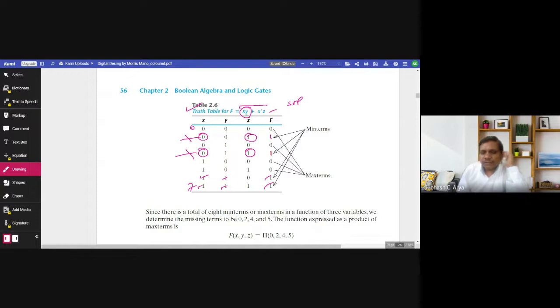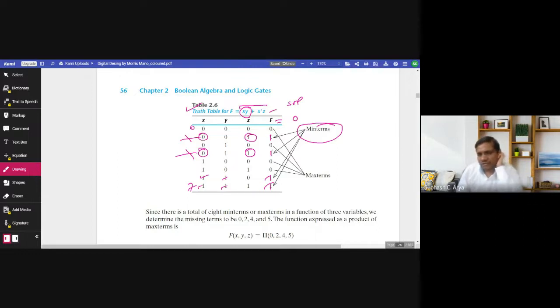So f is equal to xy plus x bar z is represented like this in the truth table, and at four places the output is one, this is one, this is one, this is one, this is one. So these are called min terms wherever f is equal to 1. This function is equal to 0 at the other places.